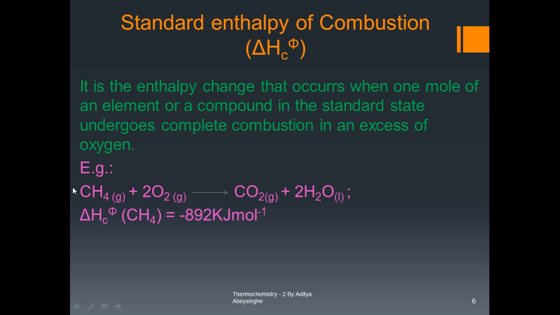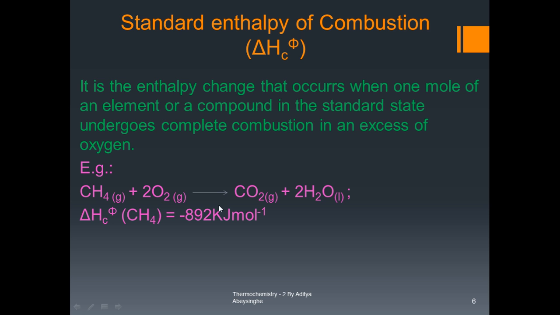So we finally define the standard enthalpy of combustion as the enthalpy change that occurs when 1 mole of an element or a compound in the standard state undergoes complete combustion in an excess of oxygen. You take, for example, CH4, or methane, the natural gas, and then you burn it with complete combustion. So you form carbon dioxide and 2 molecules of water.